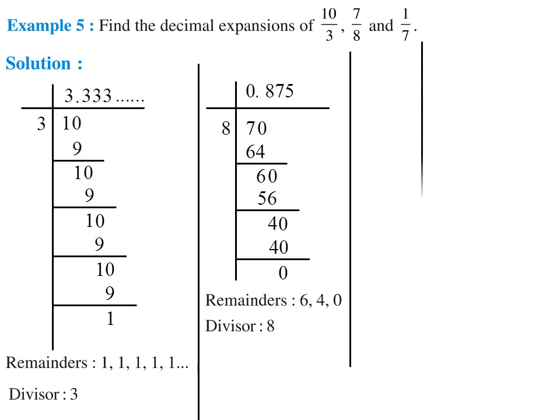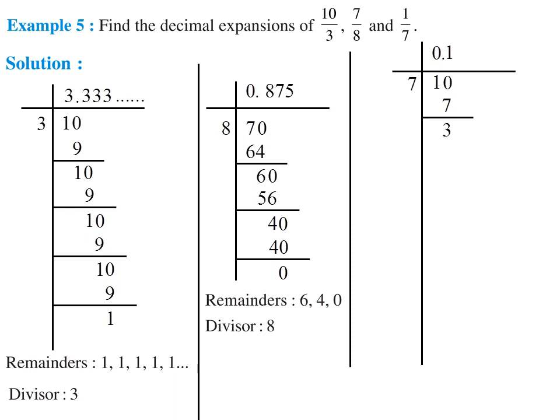Now for the third one, we have to divide 1 by 7. Again we cannot directly divide 1 by 7, so we place 0 and the decimal point. We can take carry forward 0 from it. Now 10 can be divisible by 7, so 7 ones are 7.